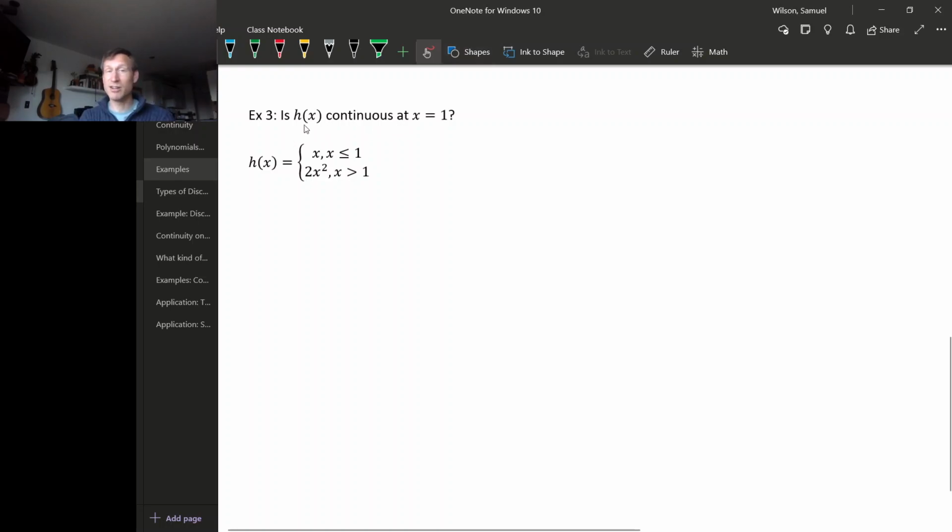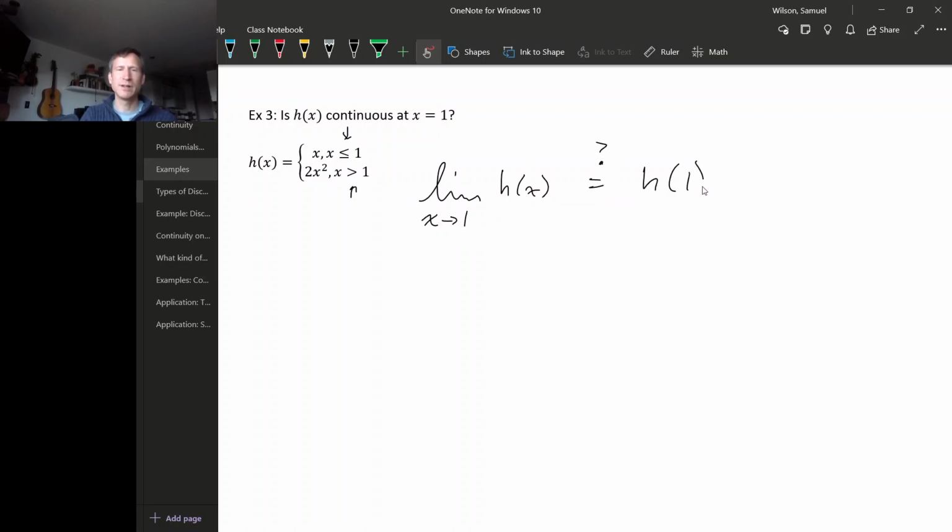Let's check on the continuity of h of x, which is this multipart function, at x equals 1. This time we have to be a little more careful with the limit because of how the inequalities are set up. So again, we're going to calculate the limit as x goes to 1 of h of x. We want to compare that to h of 1.